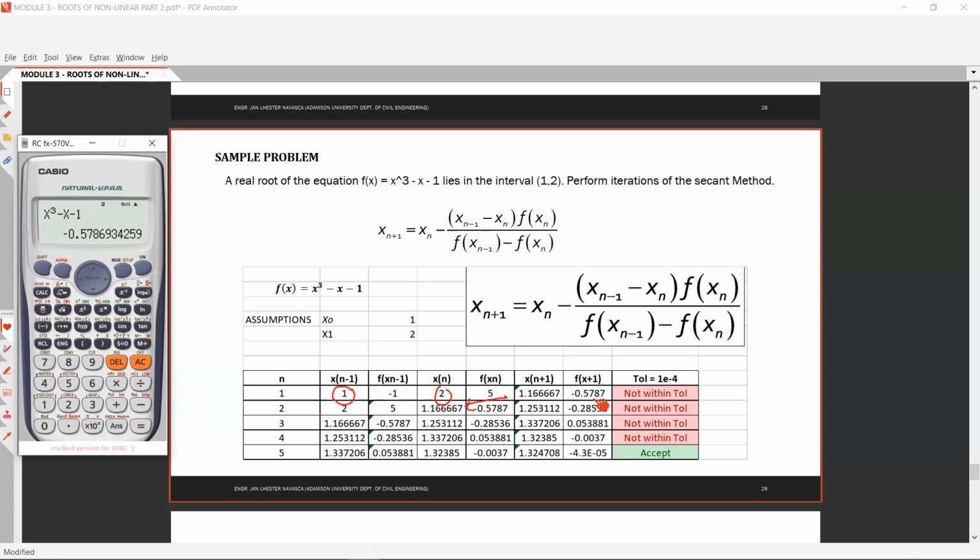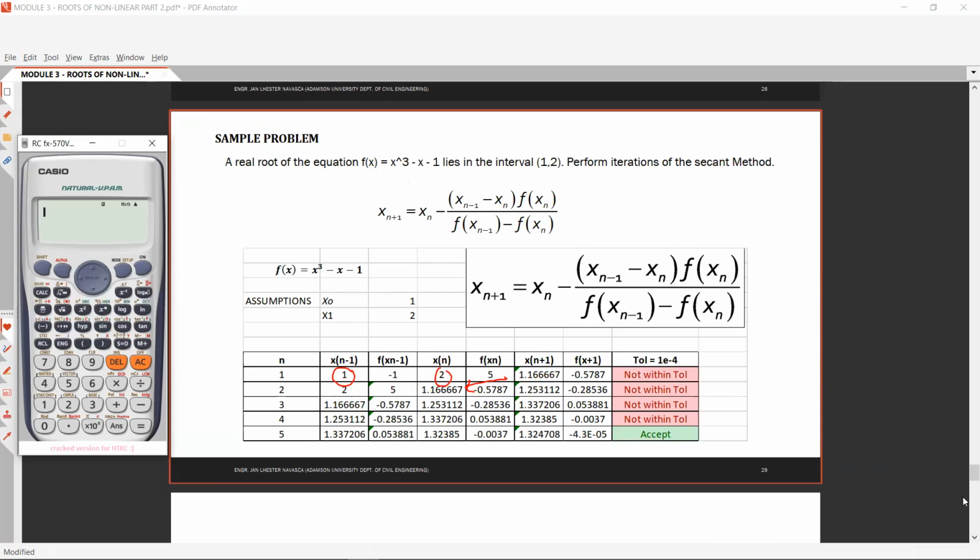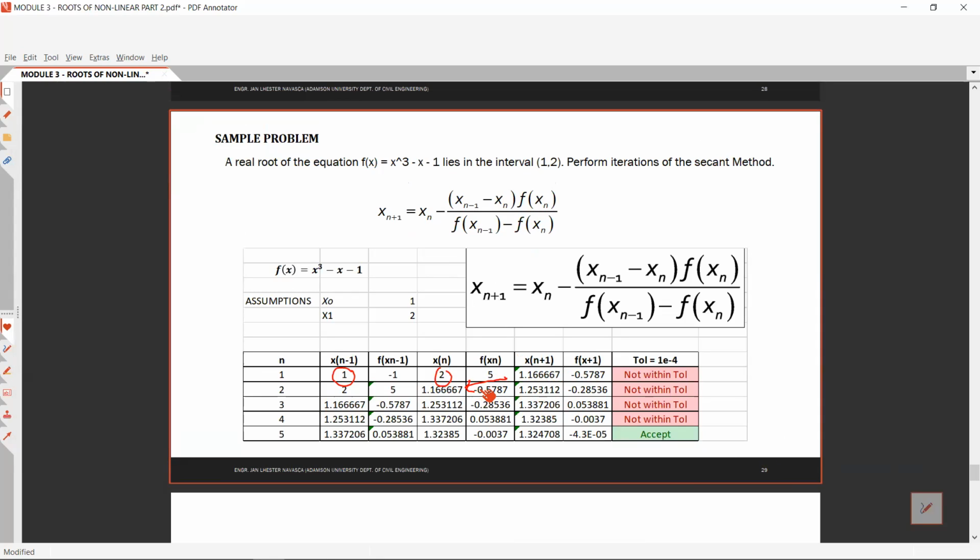Okay. So negative 0.57. Okay. So hindi pa. Okay. So not within tolerance pa. Okay. Then solve again for, fill up the table again. Okay. So ang gagawin natin, syempre, kakopy mo yung value doon, and also this one, copy mo rin yung value dito. Yan.